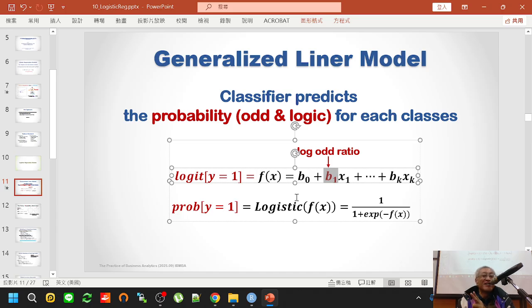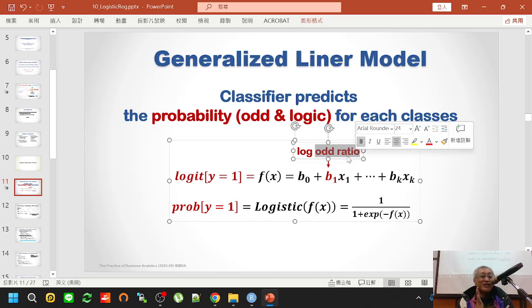The second thing is that because it's log odds ratio, you need to take an exponent. You need to do an exponential transformation of b1 to acquire the odds ratio. The first thing is you need to do the exponential transformation, and the second thing is that it does not apply to probability directly.